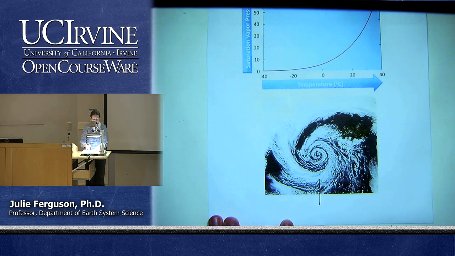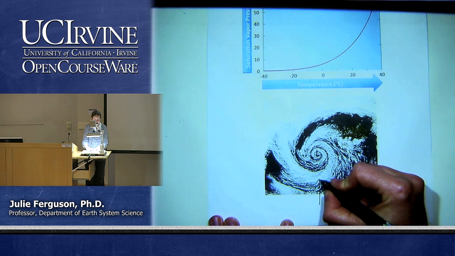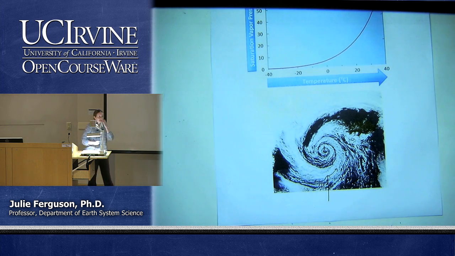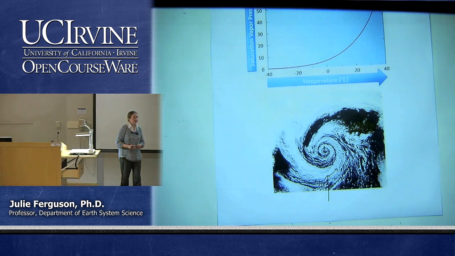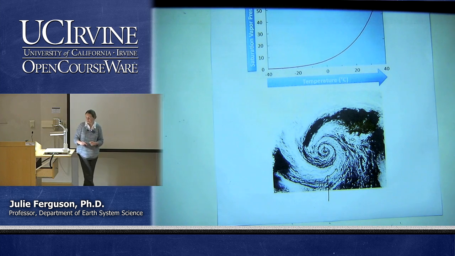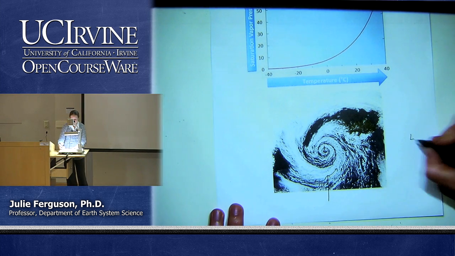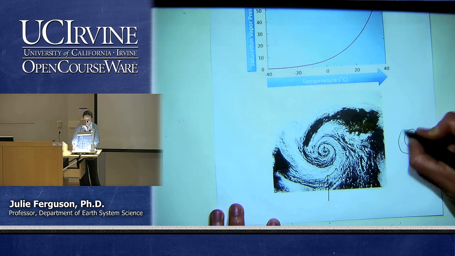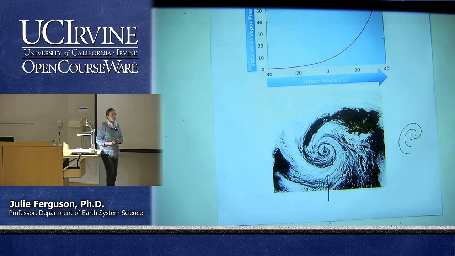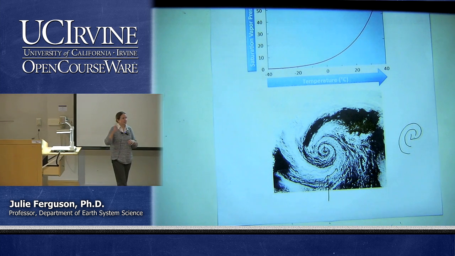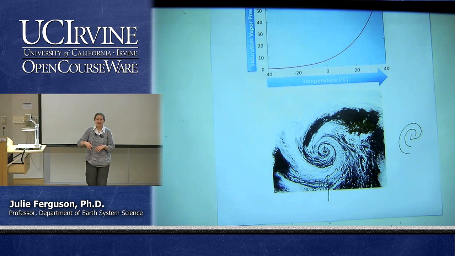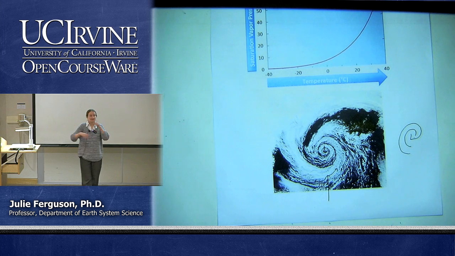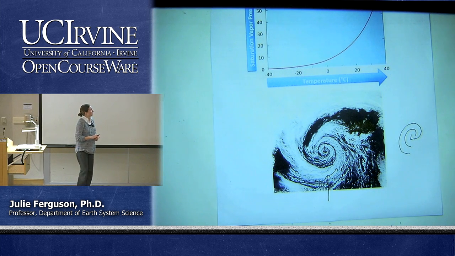And which way is it being deflected? It's going to the right. We're in the northern hemisphere here. If you found this system in the southern hemisphere, we'd have a low, and it would actually be spiraling the other way. So if you look at pictures of hurricanes from the northern and southern hemispheres, they spiral different ways, and that's the Coriolis force in action.